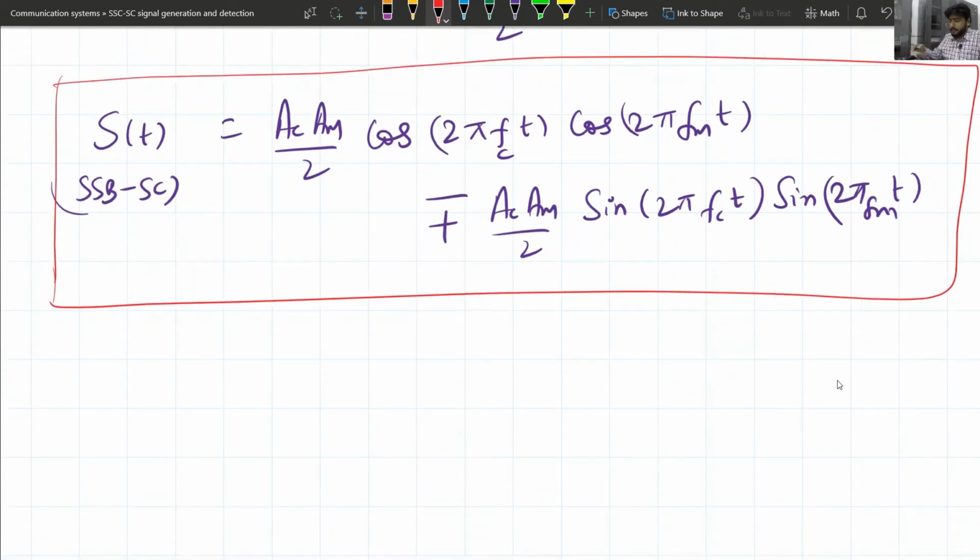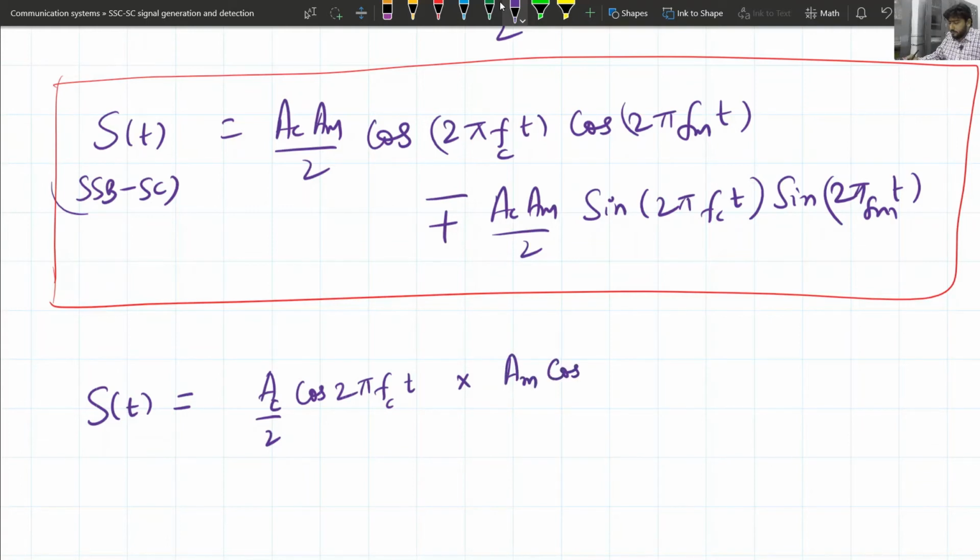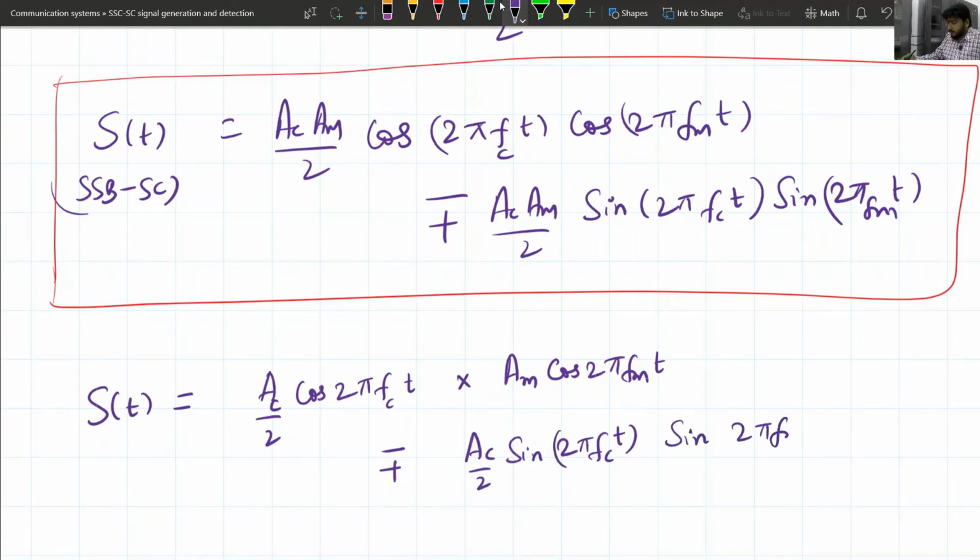Now rewriting this equation, S(t) as A_C by 2 cos 2π f_c t multiplied by A_M cos 2π f_m t, minus/plus A_C by 2 sin 2π f_c t into A_M sin 2π f_m t.